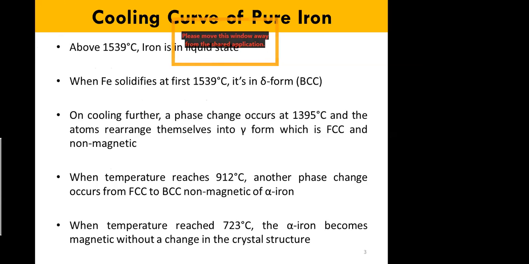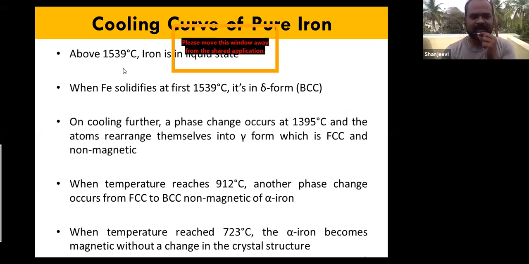Now, family, you have to know the melting point of each and every metal. Do you know the melting point of iron? The melting point is 1539 degrees Celsius. So at 1539 degrees Celsius, iron is in the liquid state. That means when we heat the iron material above 1539 degrees Celsius, it is completely liquid.